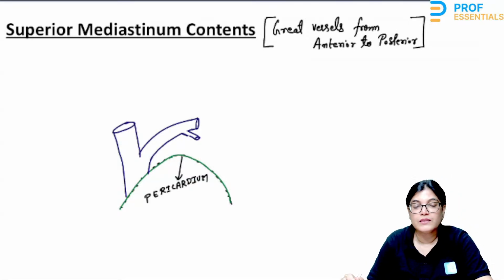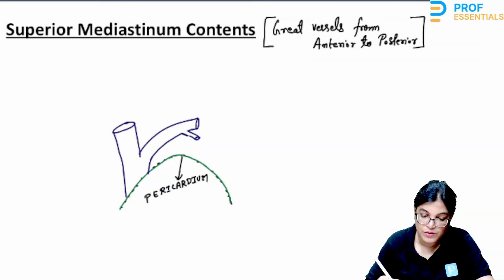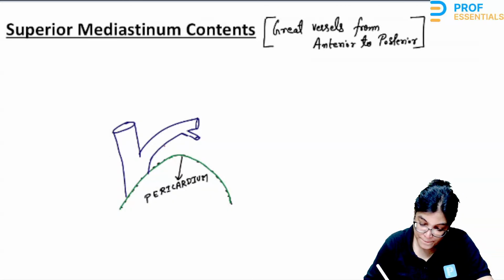And just posterior to the great veins, we will have the arch of aorta and its branches. So I would like to use another red color, and I will draw the great vessels. So we will have these branches.